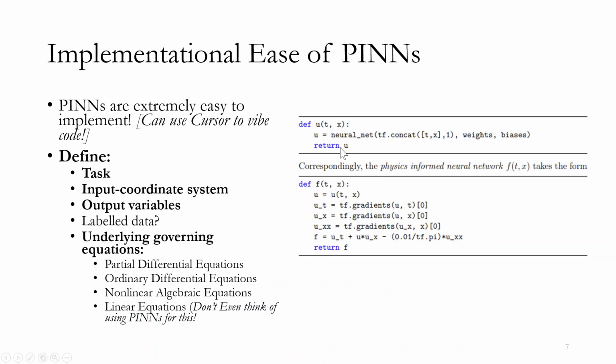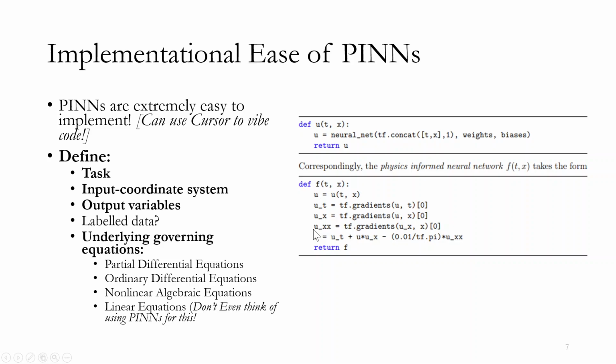Now what makes it physics informed is that it passes through this function here, which takes in the spatial coordinates, gets the u function from here, and then computes the gradients of this function with respect to the input coordinates. So it gets the first derivative of u with respect to time and space, and the second derivative with respect to space, and then combines them.